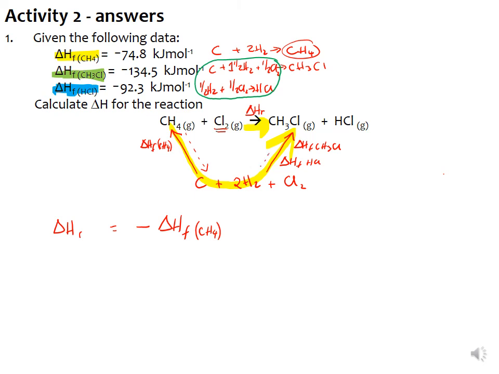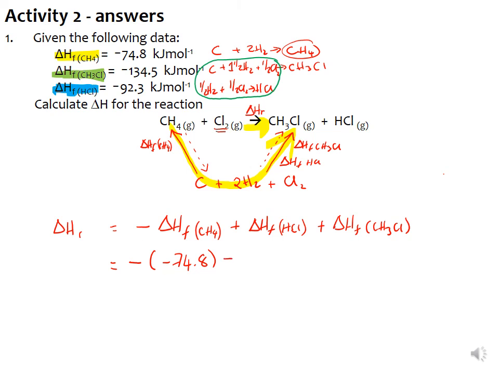And then we're coming back up this side, so we're going in the same direction as the arrow, so we're going to add delta HF for HCl, and we're going to add delta HF for CH3Cl. Substituting our values in, we have the minus of the delta HF for methane, which is minus 74.8, remembering that we're keeping the mathematical operator separate from the exo-endothermic inferring sign.